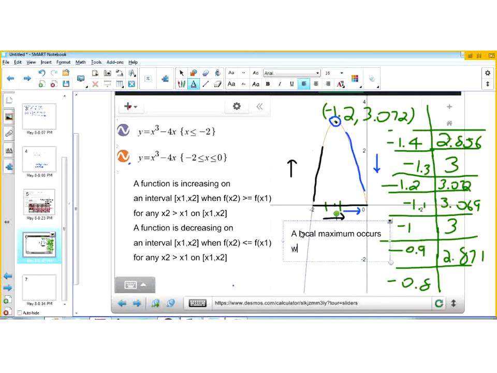A local maximum occurs at a point when the graph transitions from increasing to decreasing.